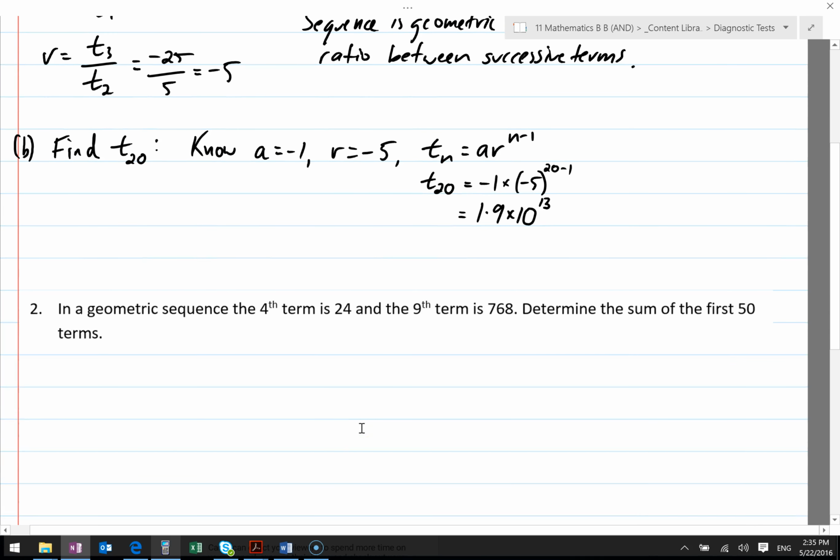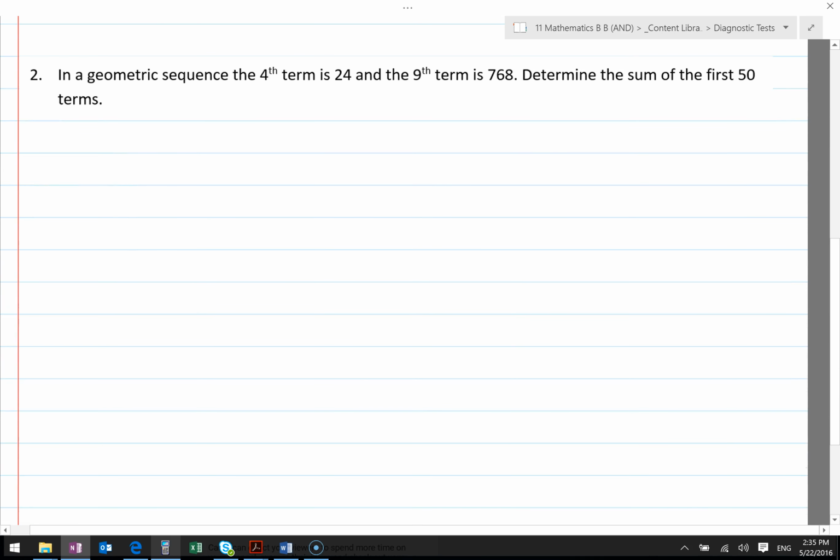Having a look at question 2. In a geometric sequence, the fourth term is 24, the ninth term is 768. Determine the sum of the first 50 terms. So what I know is that the fourth term is 24. I know that the ninth term is 768. I know a formula about Tn.